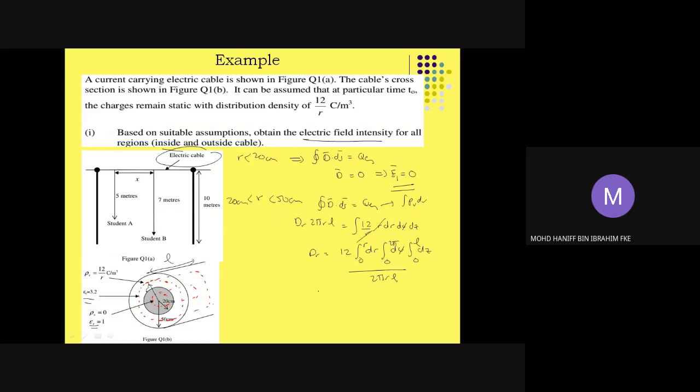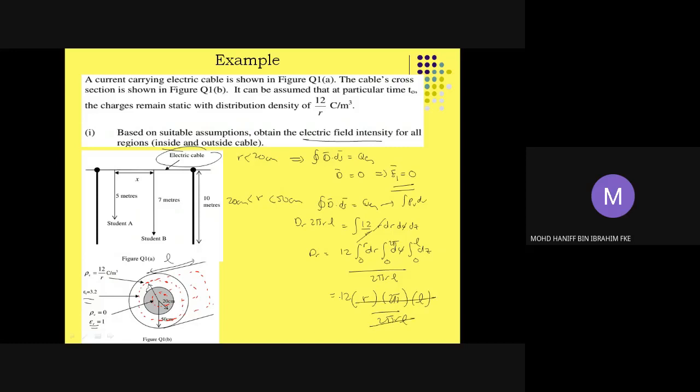So we end up with 12 R divided by 1 for the R integration. Sorry, there's no R squared, my mistake there. There should be R only. That gives us R, then 2 pi and L, divided by 2 pi R L, so this cancels out altogether.